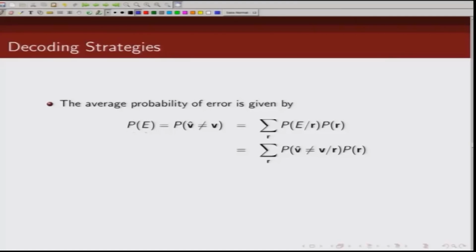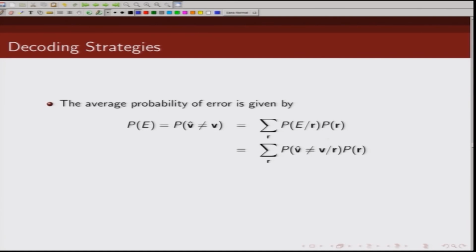Now, when does an error occur? When my decoded sequence is not the same as my transmitted sequence. So, my probability of error is the probability that my estimated sequence, which I denote by V hat, is not the same as V. This can be written as the probability of error given the receive sequence R, multiplied by the probability of the receive sequence R, summed over all possible receive sequences. An error is when V is not the same as V hat.